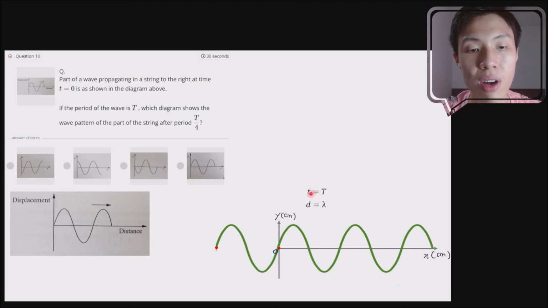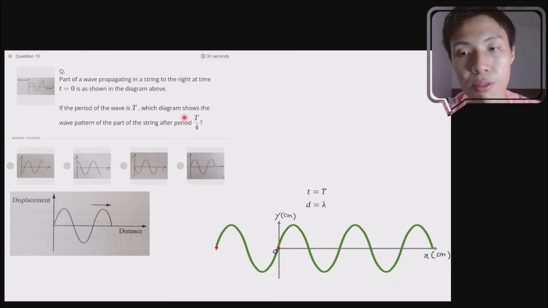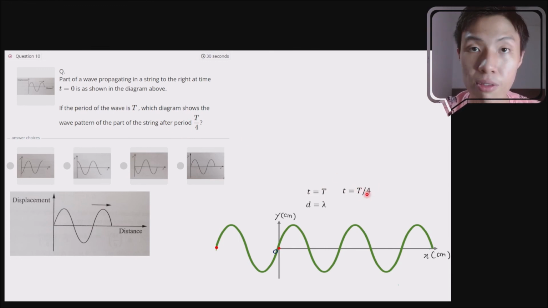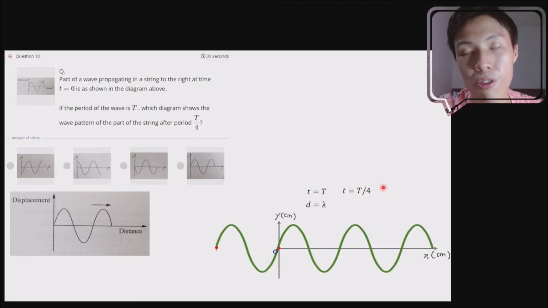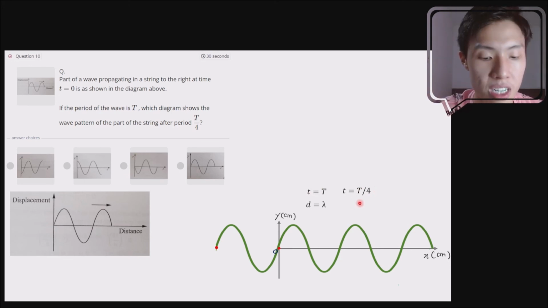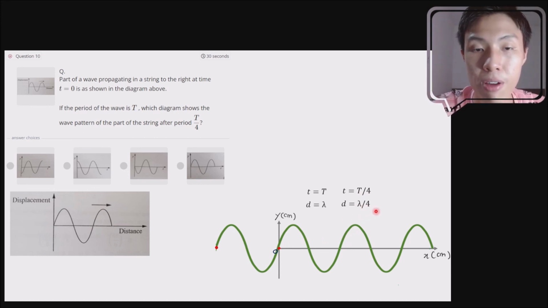But the question is not asking for the period. The question is asking for when t is equal to period divided by 4. If 1/4 of a period has passed, the distance traveled by the wave will be lambda divided by 4.